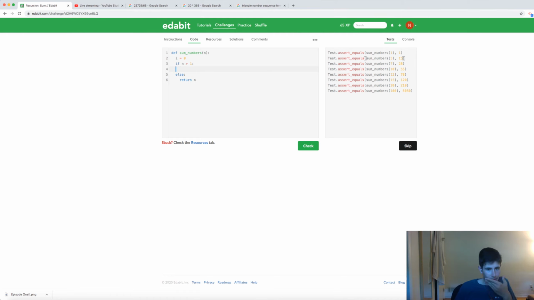And then outside of our if statement, so if n is greater than 1, then we'll do this. Return n plus some numbers n minus 1.